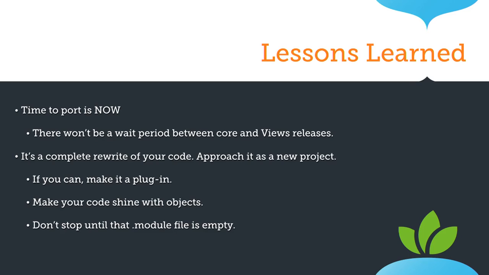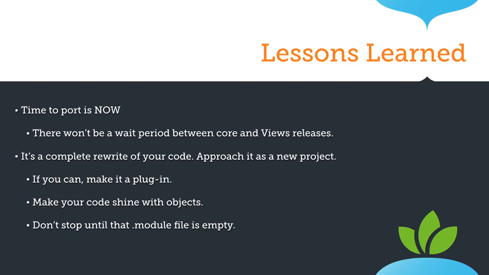And the final advice, one that I got from my modules, is to try to start taking away everything that's in the .module file, and probably try not to stop until that .module file is completely empty. Your modules no longer need a module file. It's one of those interesting facts of Drupal modules that if you don't need to use hooks, nor the template system or the process functions, you don't need anything from the module file.